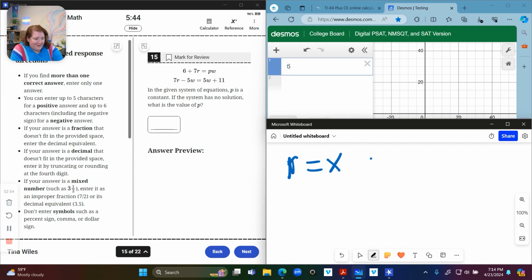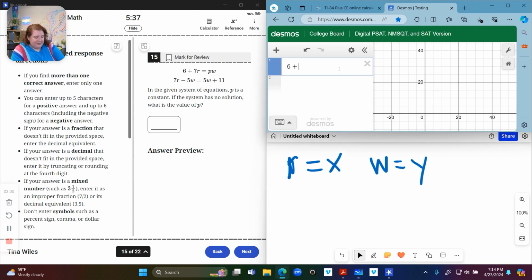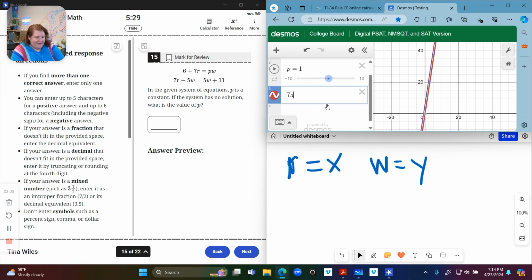I'm just writing this down for myself. And then w equals y. Okay, so I'm going to do 6 plus 7x equals py. Again, slider. And then I'm going to do 7x minus 5y equals 5y plus 11.